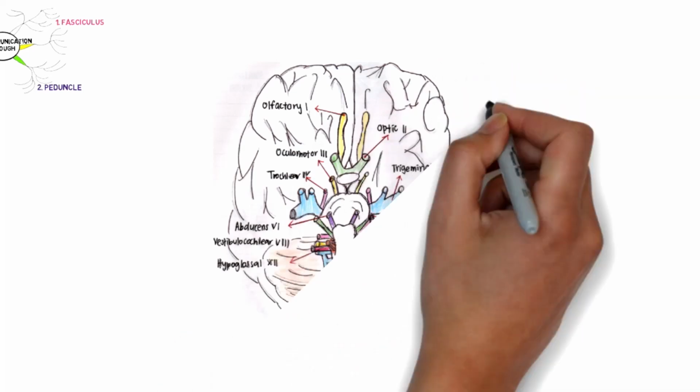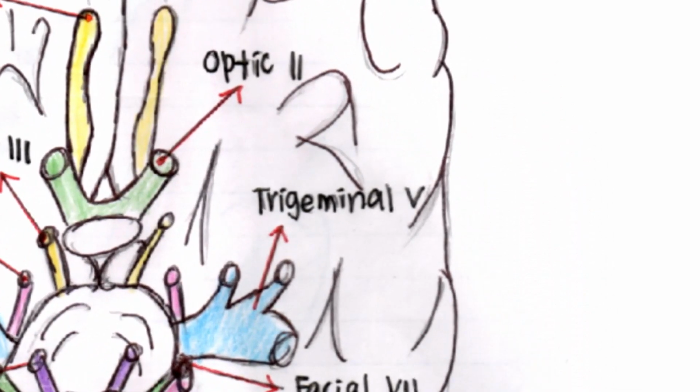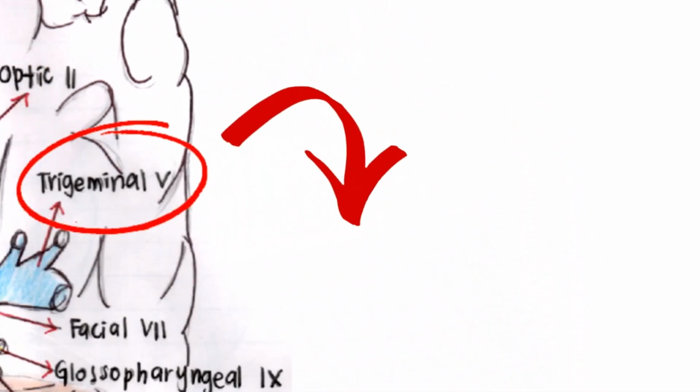There are 12 pairs of cranial nerves that arise directly from the brain. We will look in detail at the trigeminal nerve, cranial nerve number 5.